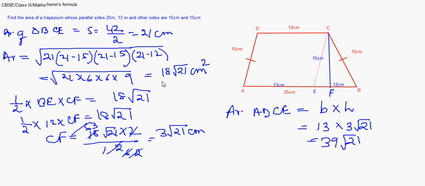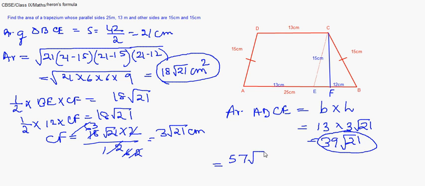Let us add this to the area of the triangle. So that's 18 and 39, giving 57√21 centimeters square.